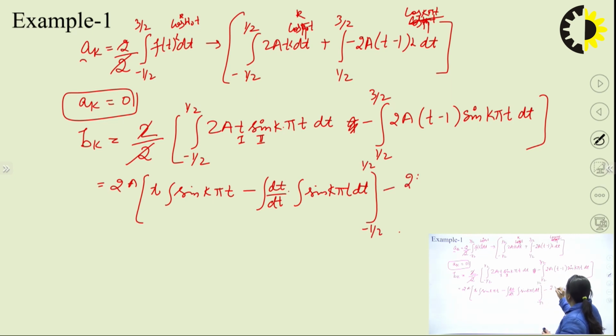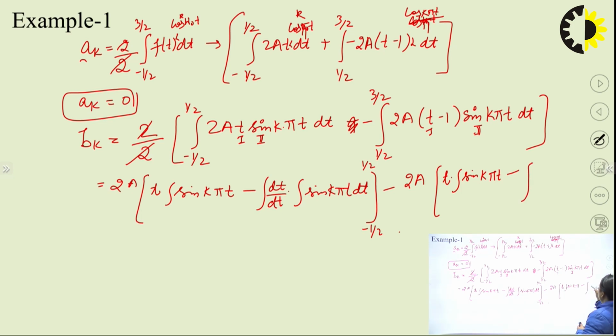Similarly here I'm taking out the value 2a, and I am solving for t into sin k pi t. So I am again using first and second. First function as it is, integration of sin k pi t here, minus overall integration and differentiation of first function into... directly I can cancel, no, because of the limits I cannot cancel out, and the integration again t into dt, from 1 by 2 to 3 by 2, and the term minus 1 here left.